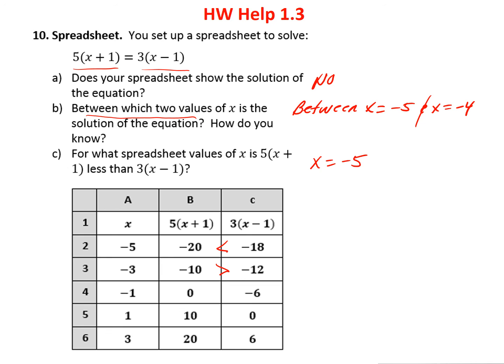So we would expect our answer is probably sitting in there, close to minus 4. It may not be an exact number. I mean, it may not be an integer. And so this is the one that's less, x equal minus 5. For these, it's all greater than.